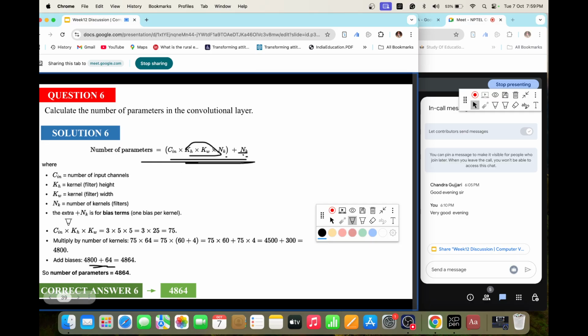You can easily see this extra nk is for the bias terms. If bias is not asked, you can just delete this. This nk is the bias term. The plus nk that we are doing is for bias.